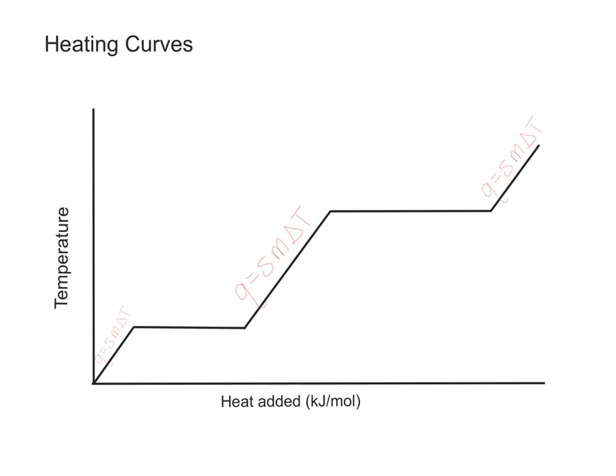With this first equation, we're going to be talking about this heat change right here. And this is called the delta H of fusion. This is just the amount of heat that's required to convert 1 mole of substance from a solid to a liquid.